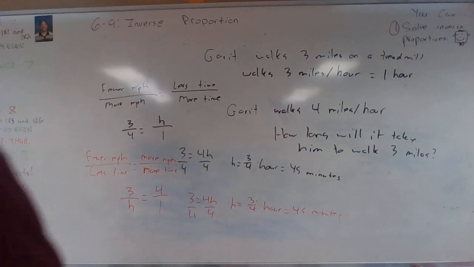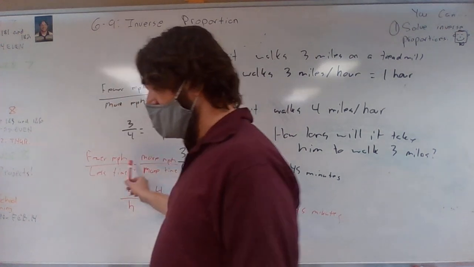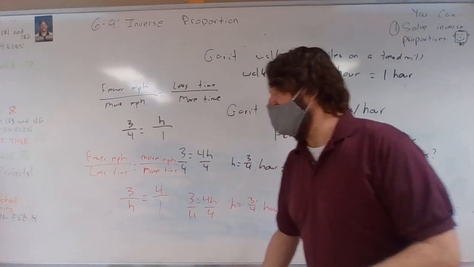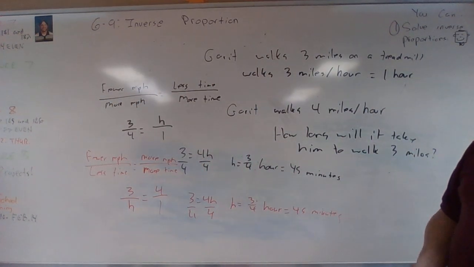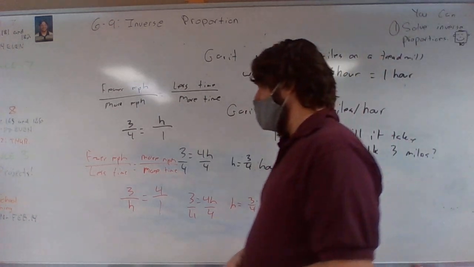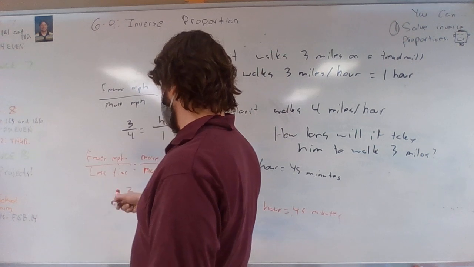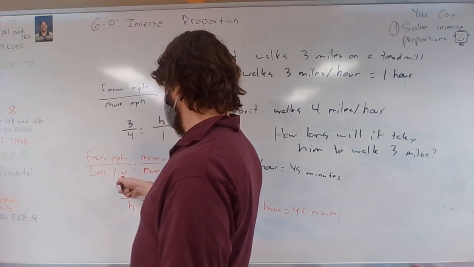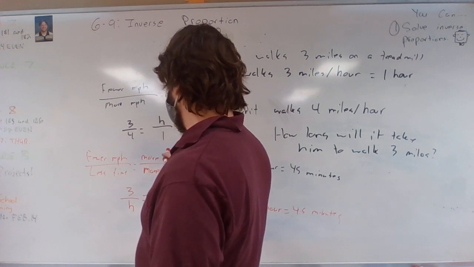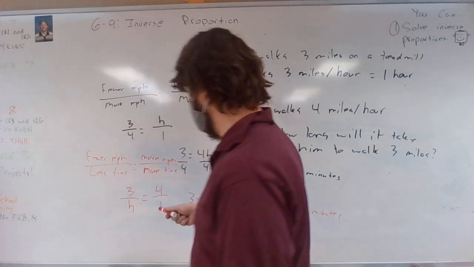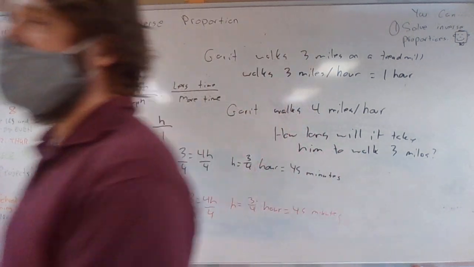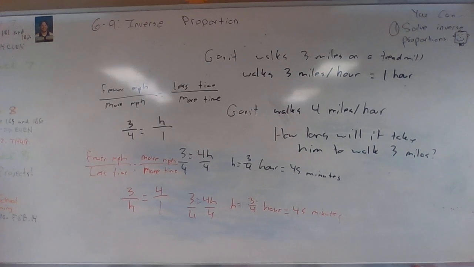Right? Or I could set it up with unlike units. Fewer miles per hour, going slower, over less time equals going faster versus more time. So as one decreases, the other would increase.